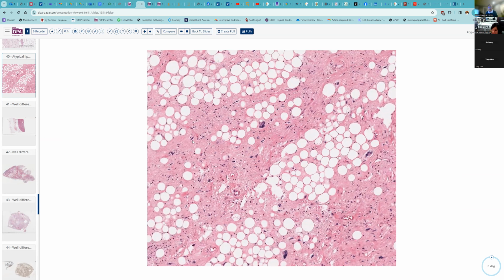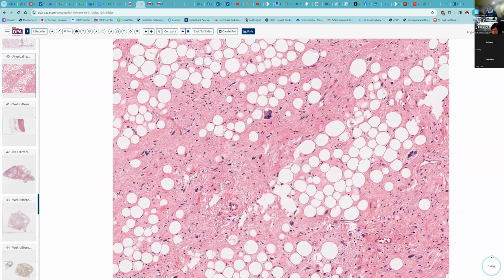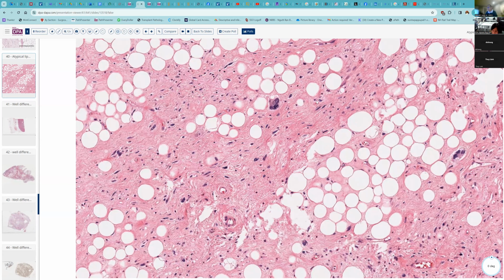It doesn't have these cells we've been talking about, but it may instead just have these atypical cells in the stroma, in the fibrous stroma. So you see here some bizarre cells over here, and they're in the fibrous background tissue.